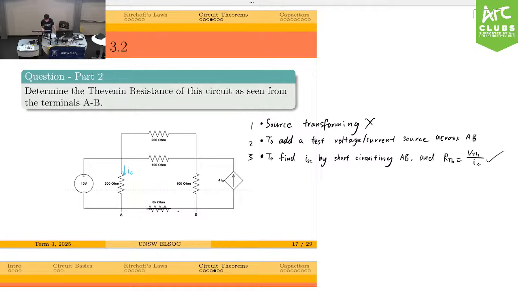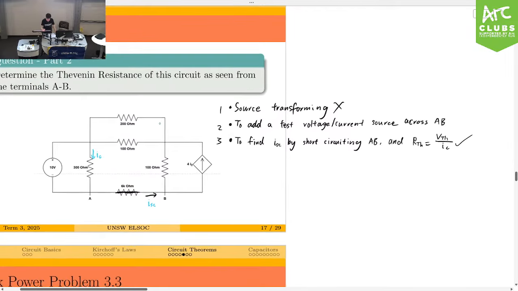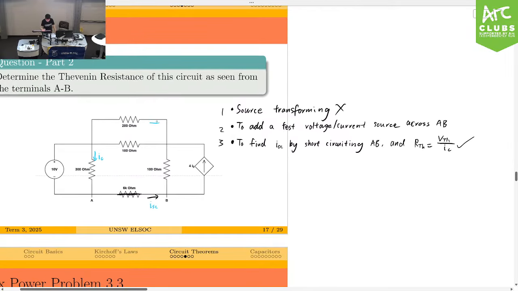We want to find ISC. Let me label this in blue, just for consistency. So that's ISC. Let's have the same labels: that's I1, that's I2, that's I3, and that's 10 volts.